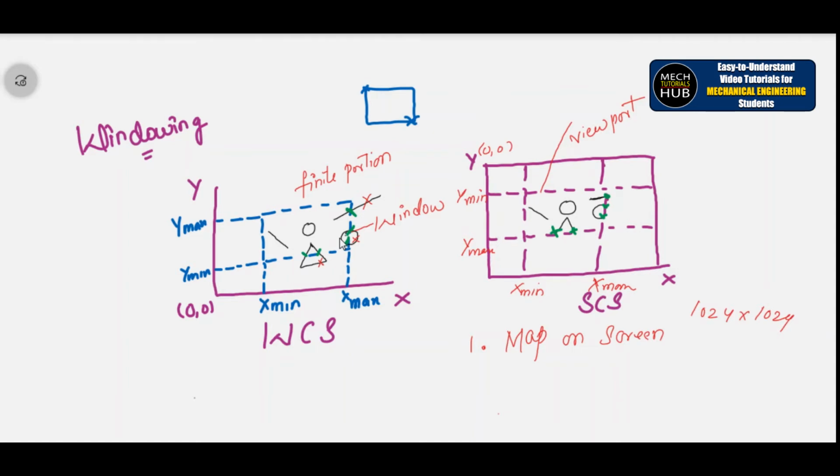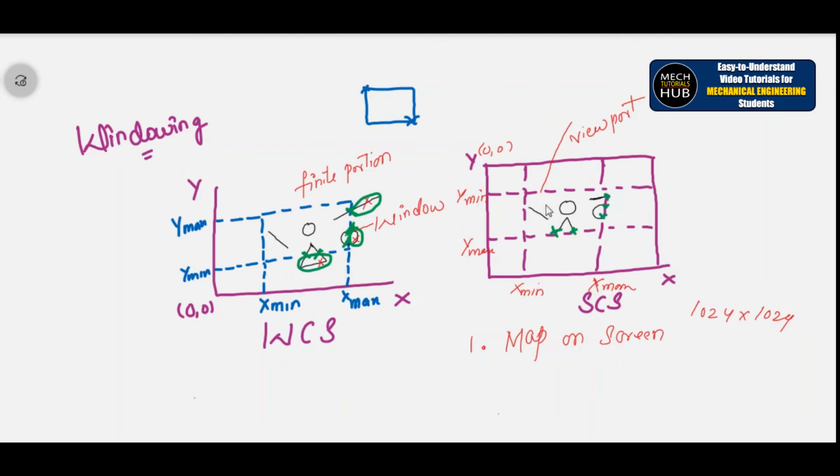That intersection is automatically calculated. The software is fed in such a way that it will automatically clip the model. The green line which I am drawing here is nothing but the clipping of the window. Clipping will automatically take place, this portion will get eliminated or disabled, and the remaining portion will remain inside the screen coordinate system.